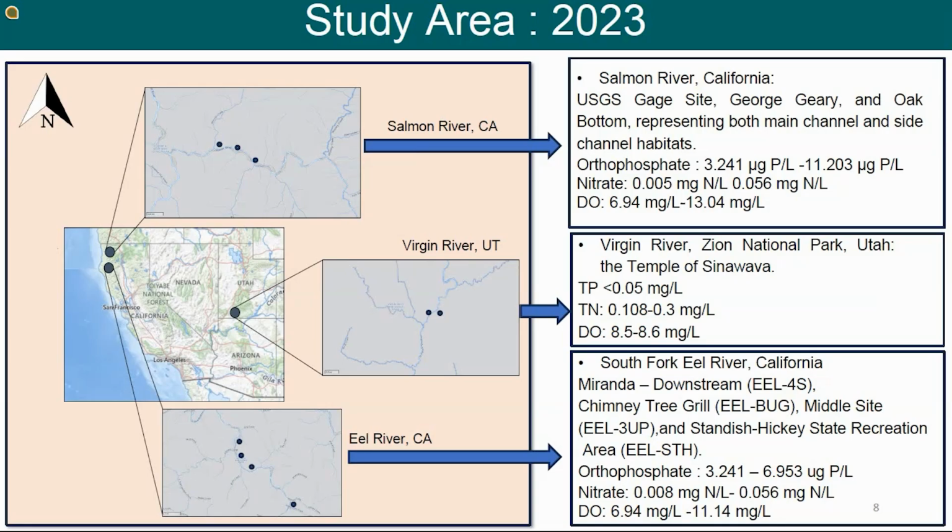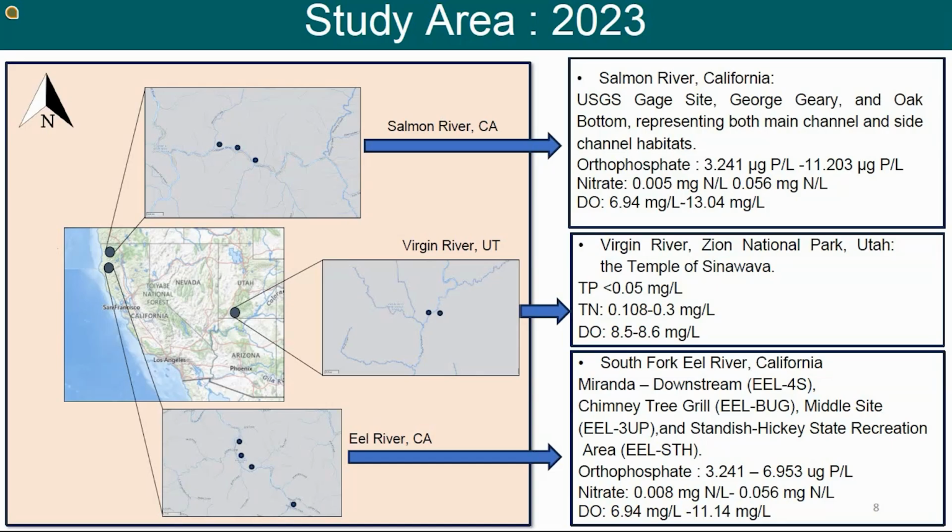However, we did find well-established benthic mats growing in a side stream flowing into the Virgin River. We also sampled a pond, which was the starting point for that stream. This location is at the starting point of the famous hike, the Narrows. So it becomes very important to study these sites as they are filled with people during the summer season.